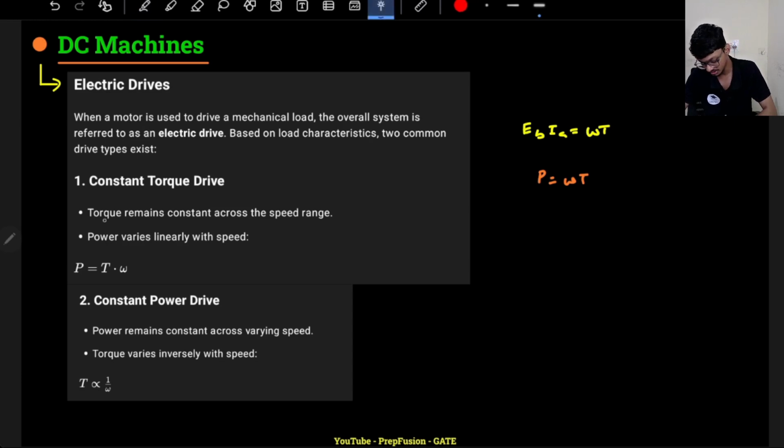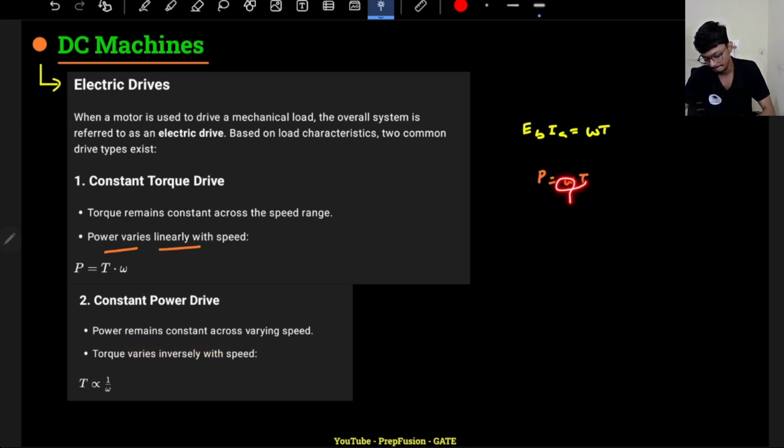If it's a constant torque drive, that means the torque will be constant. If I increase my speed, power will also increase linearly. So in the first one, power varies linearly with speed if the torque is constant. If it's a constant power drive, then this value is constant, and torque will be inversely proportional to speed. So power remains constant across varying speed.